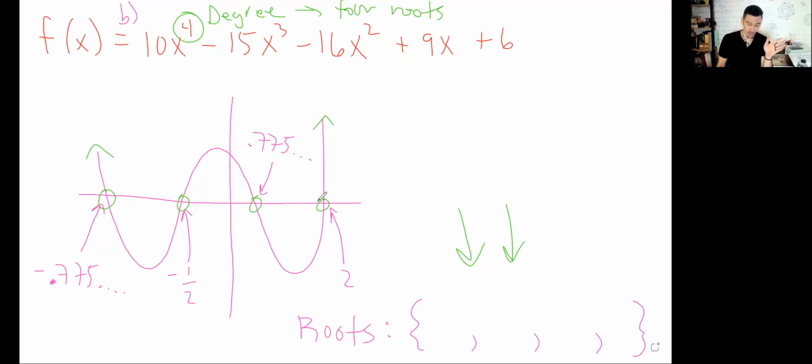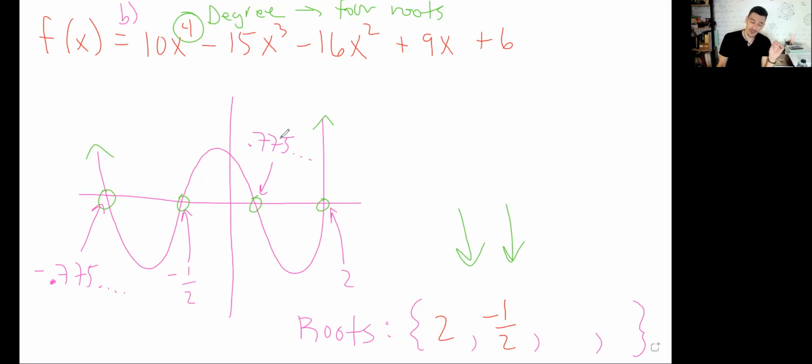For instance, 2 is good. And negative 0.5 or negative 1/2, those are good. So in my answer key, I'm going to throw in 2, and I'm going to throw in a negative 1/2. I am not going to throw in the 0.775, or it said something like that on Desmos. I forget the actual number, but it was a weird decimal.